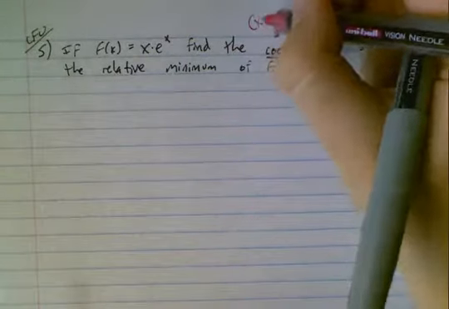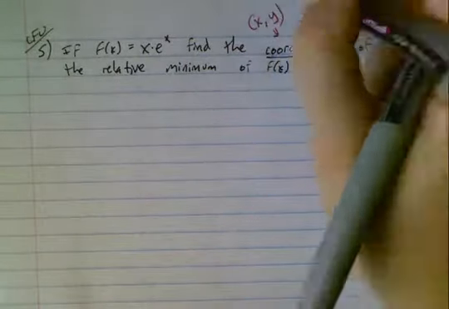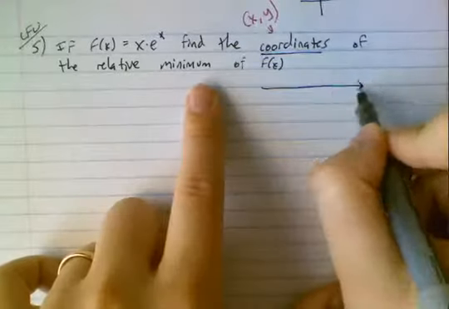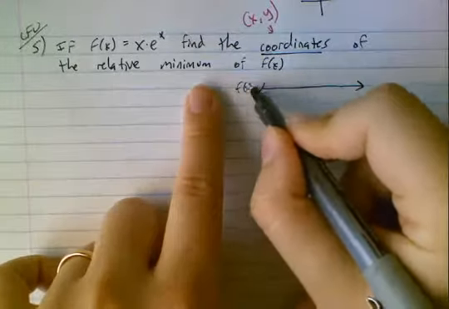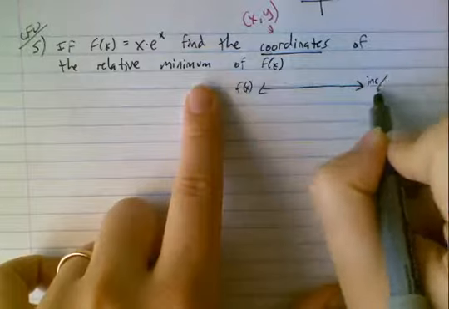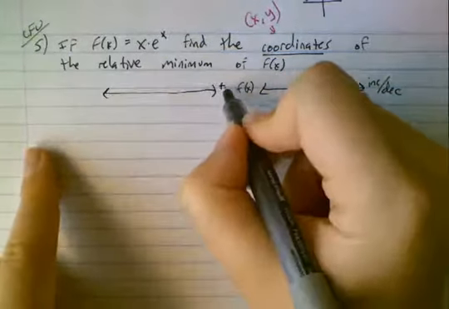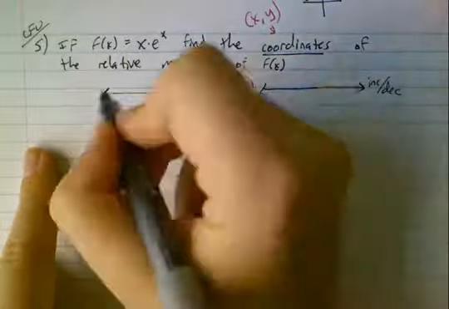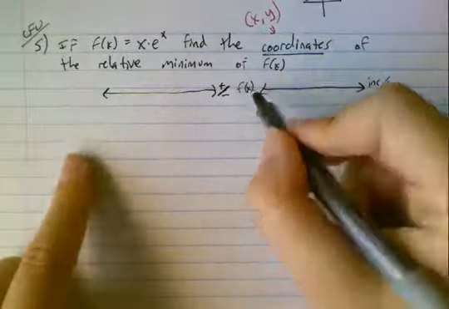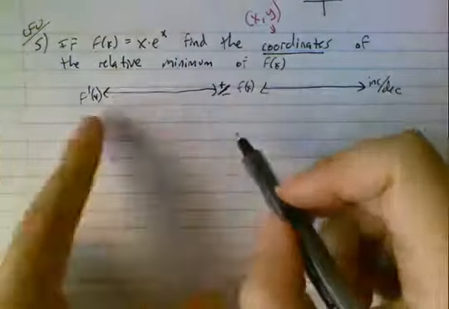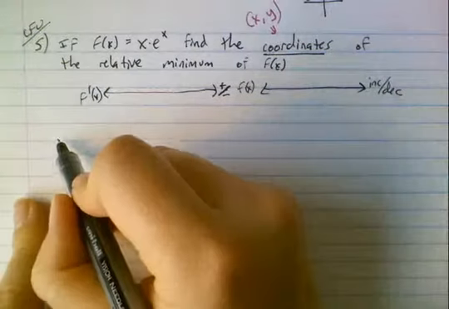Key thing here, again, this is x comma y. Okay, relative minimum of f of x. Minimum is increasing, decreasing. We are using equations, so that means we've got a plus minus line, and the translation is f prime. So we're going to be working with f prime, so that means we need an f prime equation.